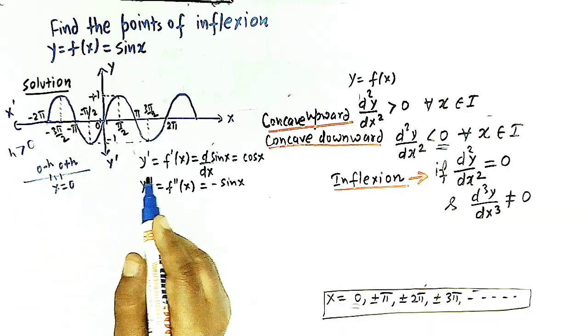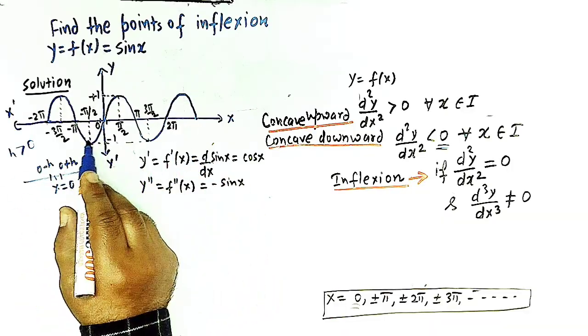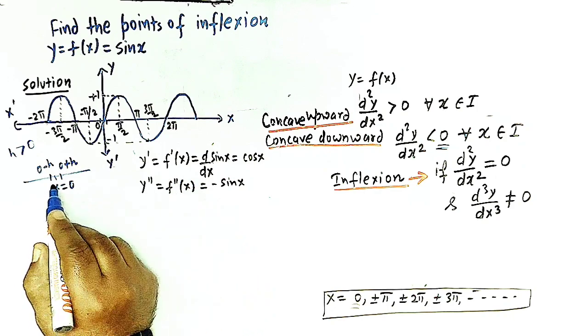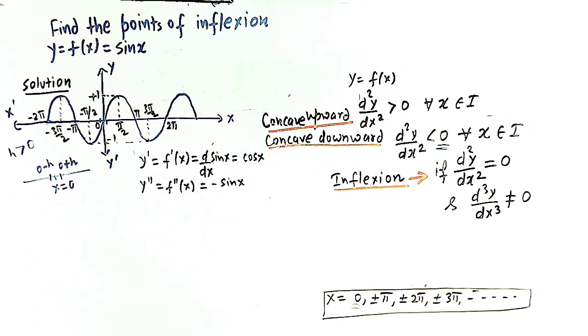So let us see the change in the sign of the second derivative in the neighborhood of x is equal to 0.